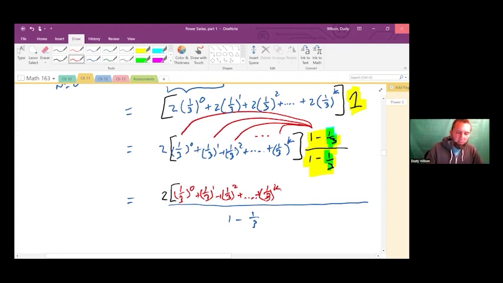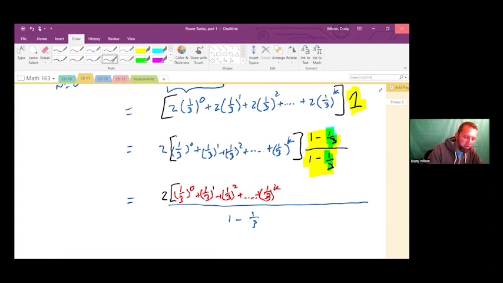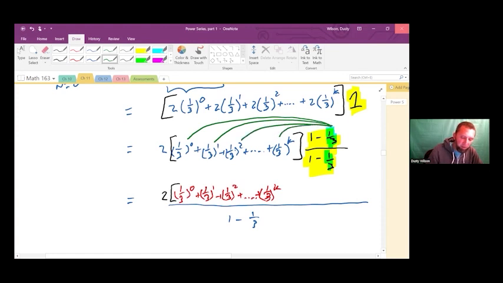Then I need to distribute the 1/3 to each term in the sum. And so I get negative 1/3 times 1/3 to the 0, so this would be minus 1/3 to the 1.